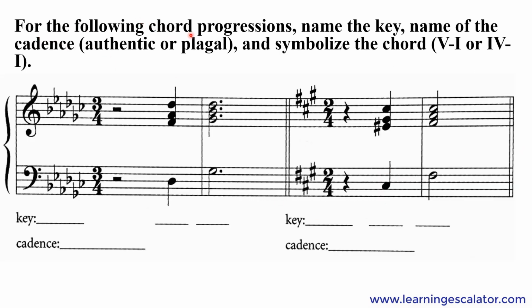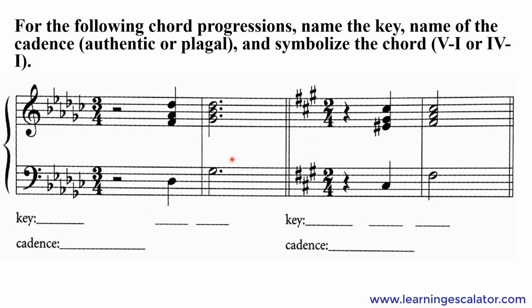For the following chord progressions, name the key, name the cadence, authentic or plagal, and symbolize the chords. So dominant to tonic or subdominant to tonic. For this one, when there are 6 flats, it's either G flat major or E flat minor.